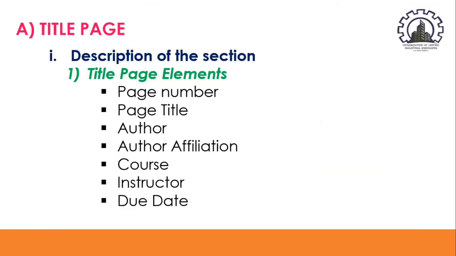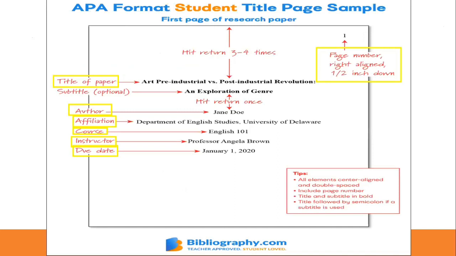All right. So aside from page number and page title, you can also see in the title page the name of the author and the author affiliation as well. Now, as you can see, in this case, the name of our author is Jane Doe. So what's the affiliation of Jane Doe? Affiliation refers to the department and the university you are currently studying in.